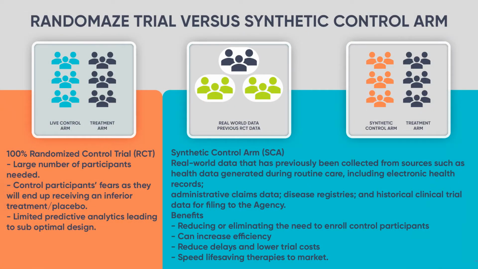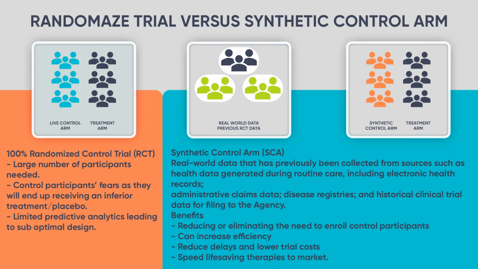So randomized control trials are the gold standard for clinical trials. But there are some downsides for certain diseases or rare diseases. It may be difficult to find enough patients to fill a clinical trial. For certain diseases like oncology, there may be concerns about patients receiving placebos or receiving standard treatments that maybe don't have much upside.